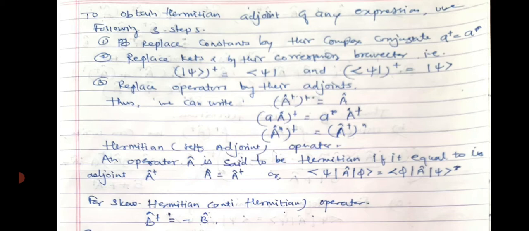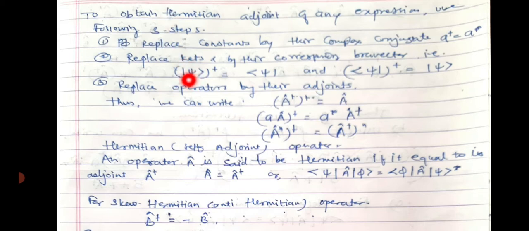To obtain the Hermitian adjoint of any expression, we have to follow three steps. First step is to replace constants by their complex conjugate. So all the constants are replaced by their complex conjugate, that is a dagger is a star. Second step, replace kets by their corresponding bra vectors.